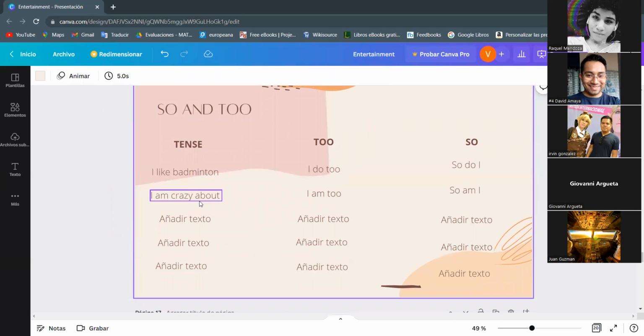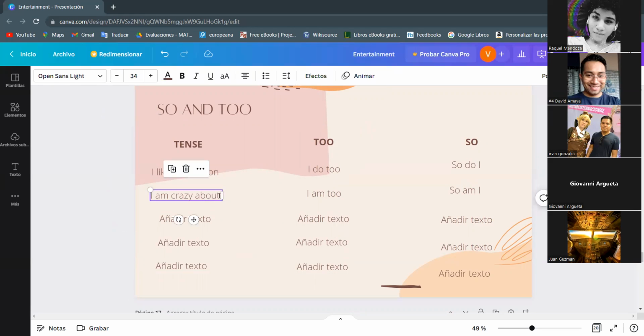Okay. And we have this one. This is just an expression to say that you like something a lot. I am crazy about. Irving, is there something you like a lot? Yes, but I don't remember.